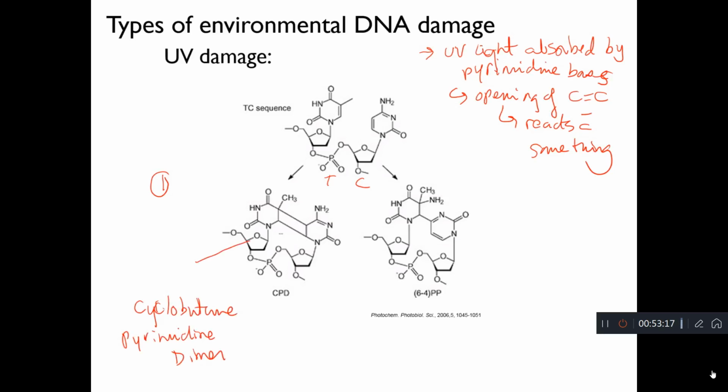And this is the 4-carbon ring structure that's formed. And the second one over here is that rather than have the cyclic form where two bonds are formed between the adjacent pyrimidines, you actually just have a single bond that's formed. Okay, so just one here between the adjacent pyrimidines. And this is referred to as a 6,4 photoproduct.